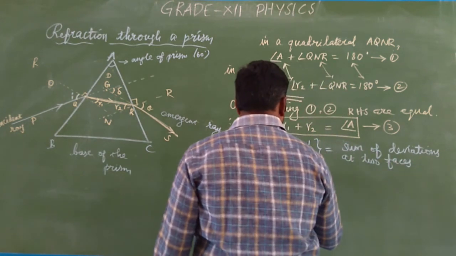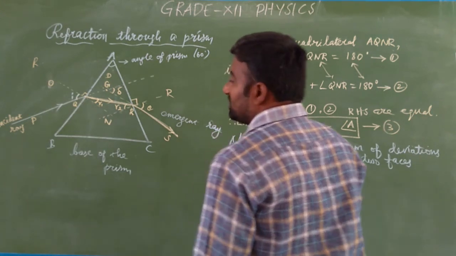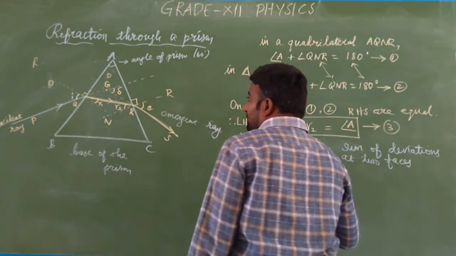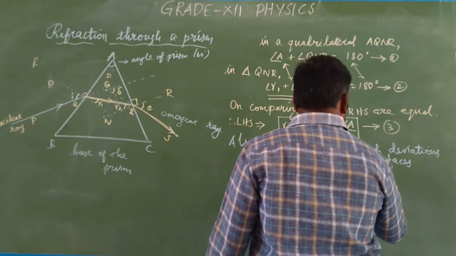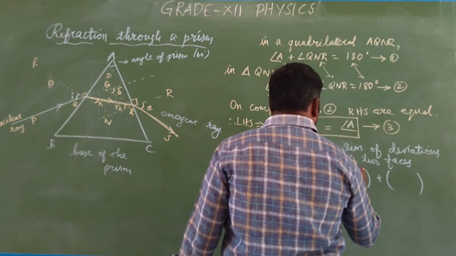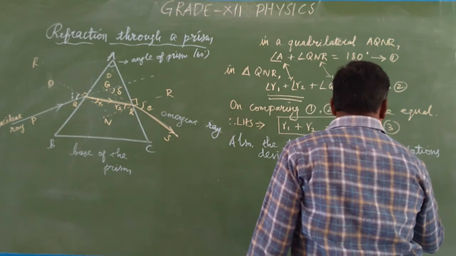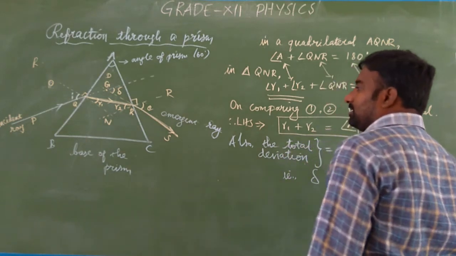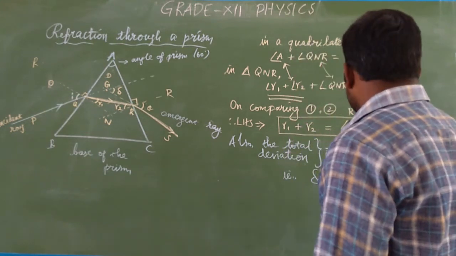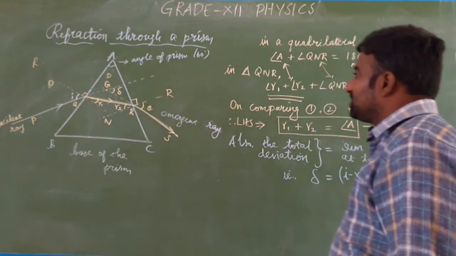That is, the total deviation delta is equal to the sum of the deviation at the first face, which is angle i minus r1, and the deviation at the second face, which is angle of emergence e minus r2. This is equation number 4.